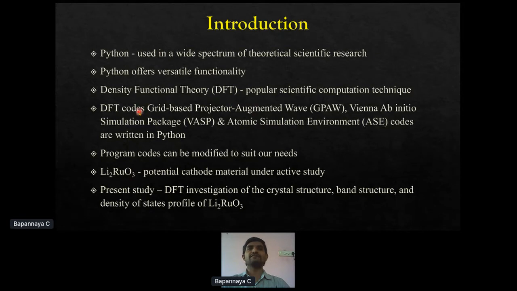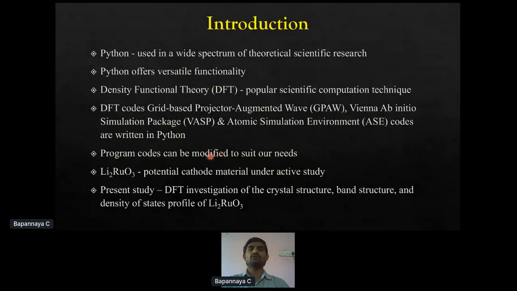DFT codes such as GPAW, the grid-based projector augmented wave, or VASP, the Vienna Ab initio Simulation Package, and ASE, the Atomic Simulation Environment, are written in Python, and these codes are very popular among DFT codes. A further advantage of these codes is that they can be modified to suit our needs.